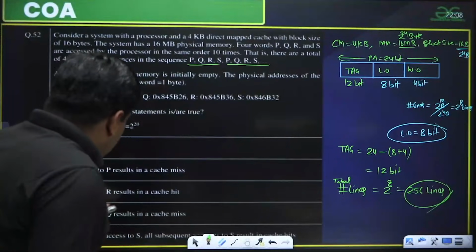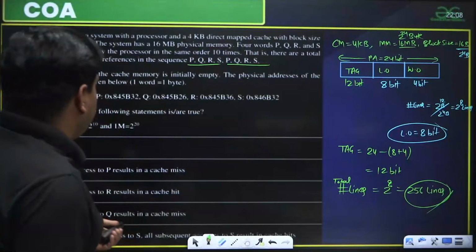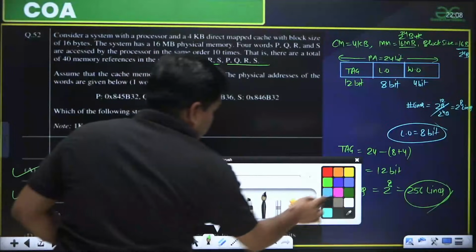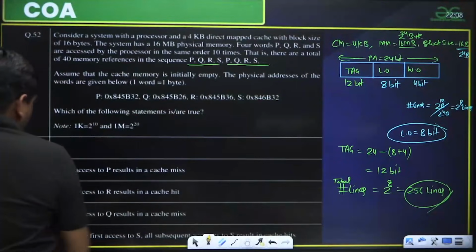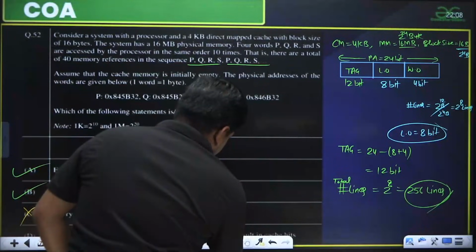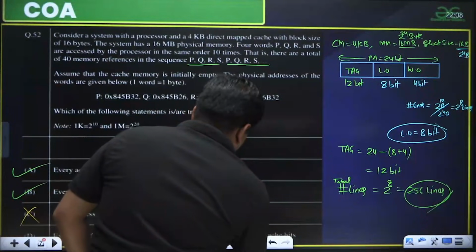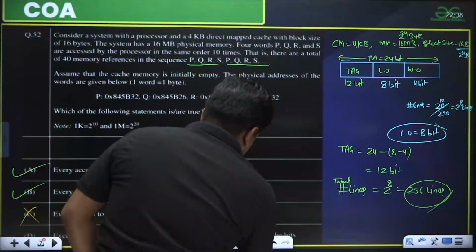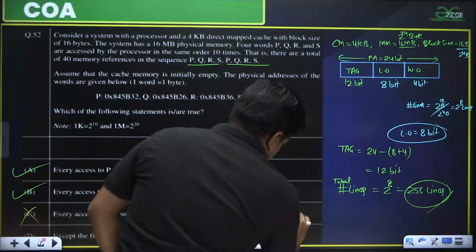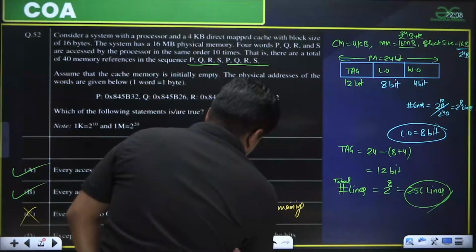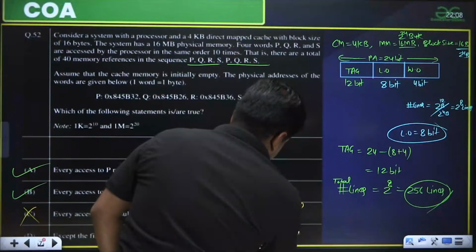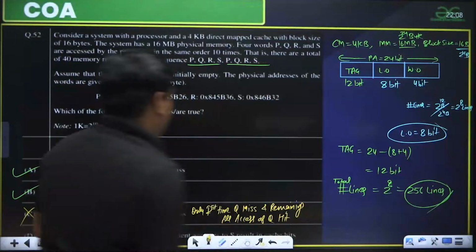Next, every access to Q results in a cache miss. No, this is false. Only the first time Q is a miss and all remaining accesses are hits. Are you getting my point?